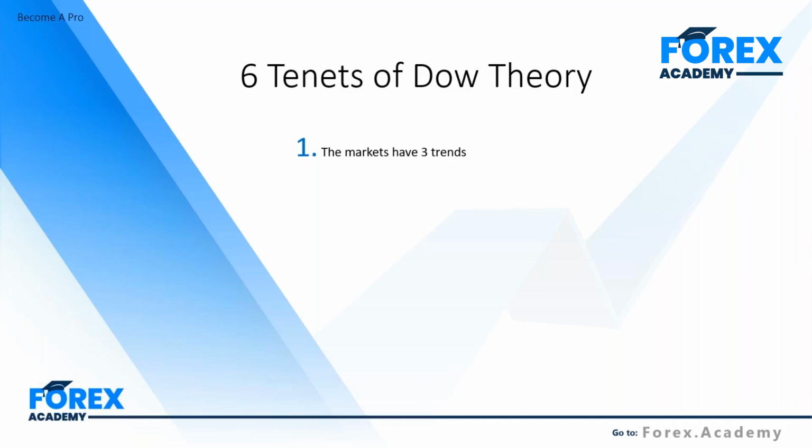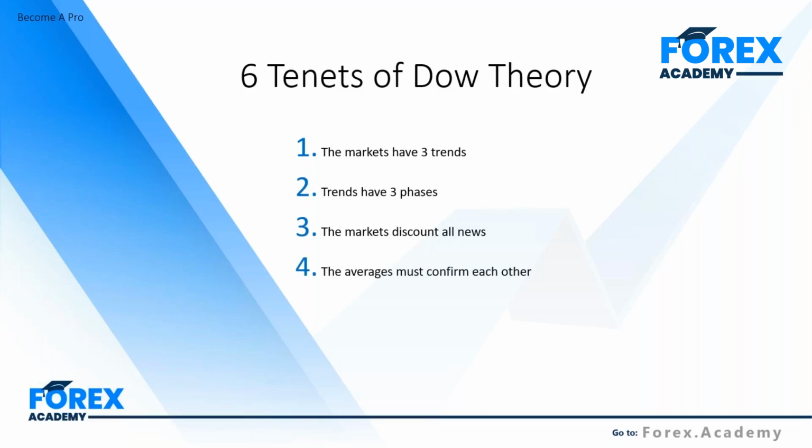The first tenet: the markets have 3 trends. Charles Dow believed the markets have 3 trends. Trends have 3 phases. The markets discount all news. That sounds familiar, and we'll get to that. The averages must confirm each other.